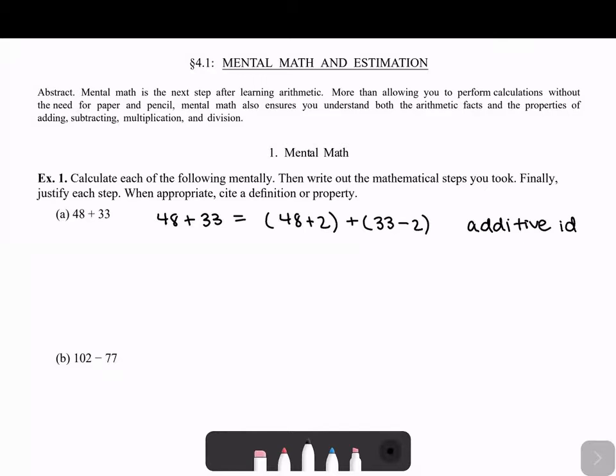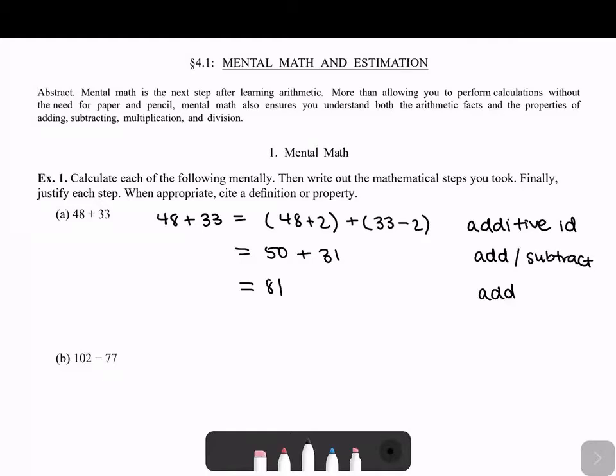Adding plus 2 and minus 2 is the same as adding 0. So this goes to 50 plus 31. For this step, we just added and subtracted. And now when we have 50 and 31, we can add them to just get 81.